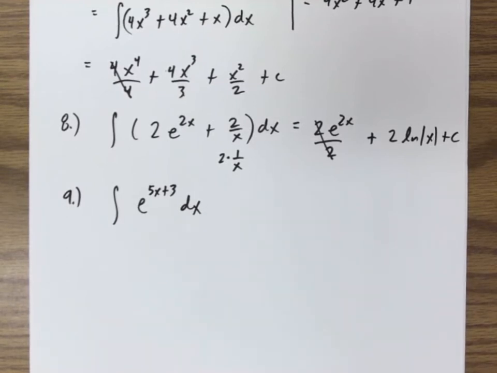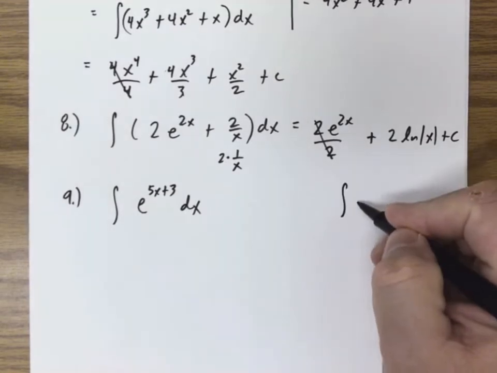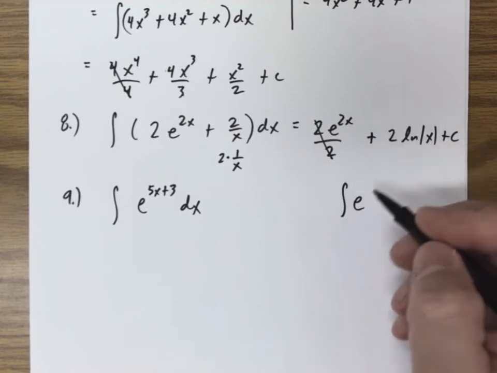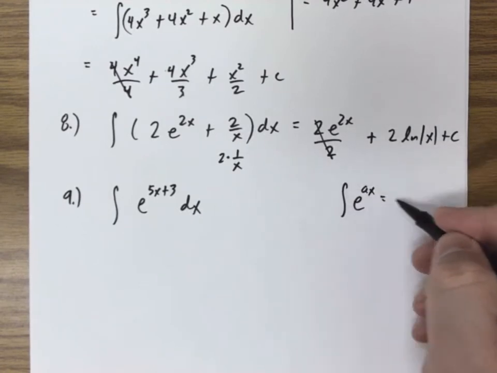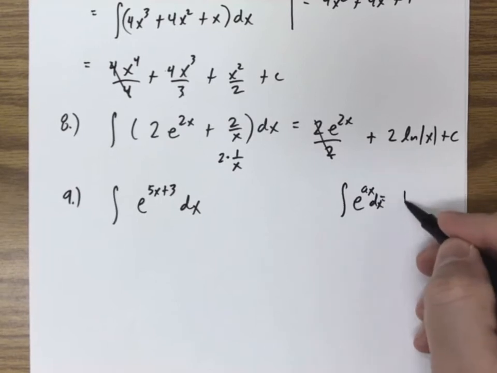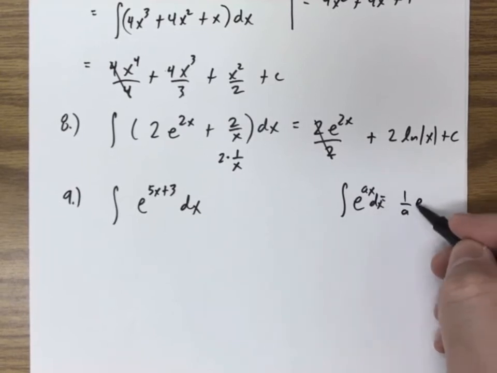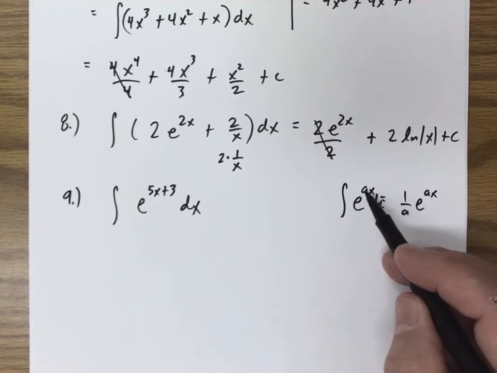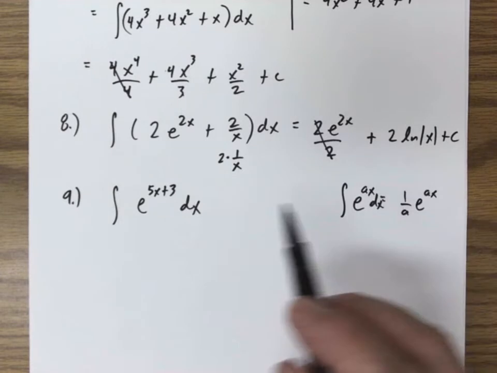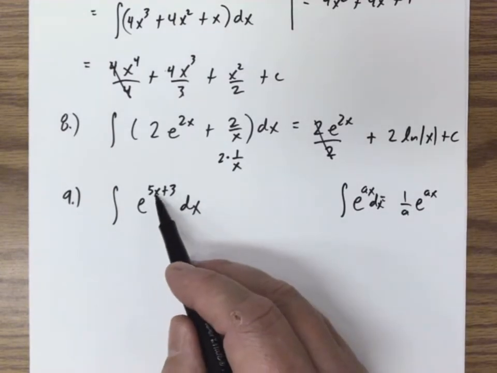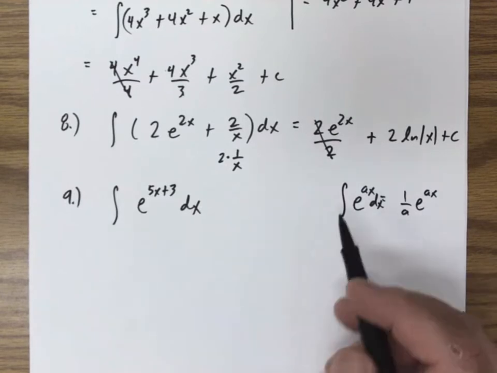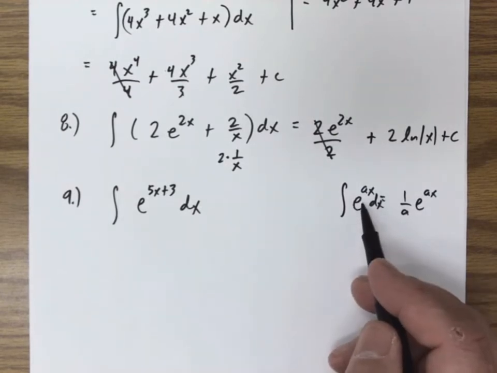Now the thing you have to realize is when we learned to take the integral of an exponential function, this was the rule. But once again, this only applies if you have a number times x. We have a number times x plus 3. So I cannot apply this rule as is written.